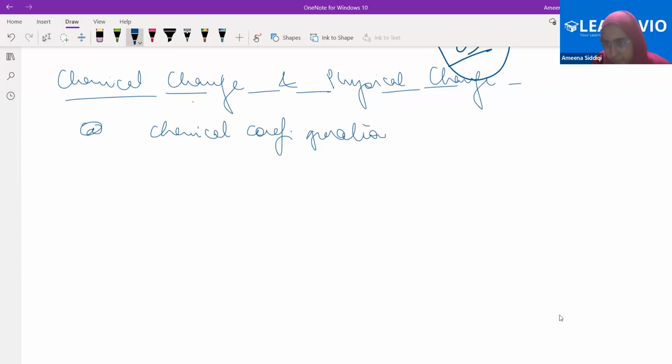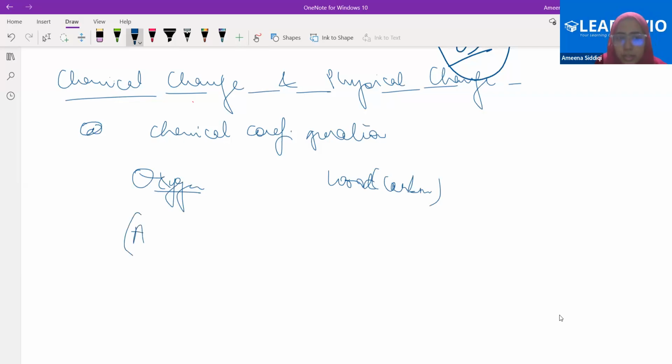Let's say, beta, this is oxygen and this is wood. Wood means carbon. Now, oxygen has a specific type of electronic configuration.